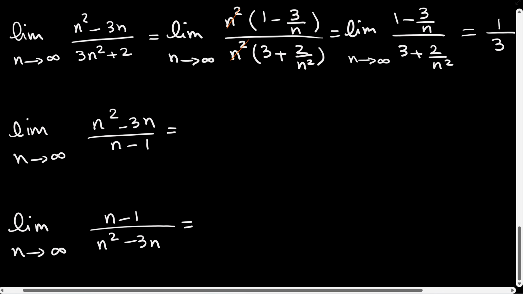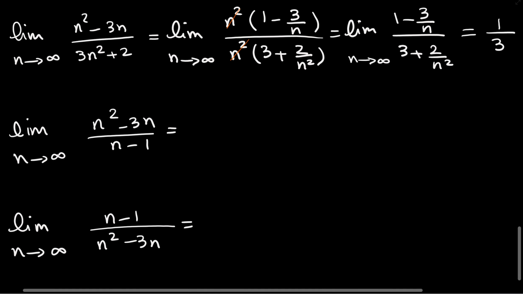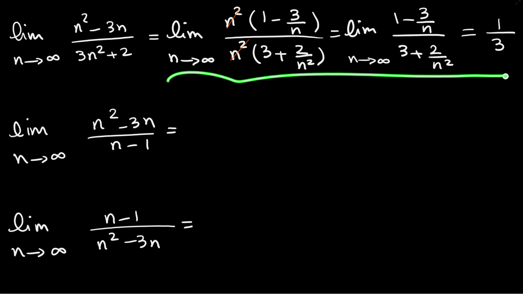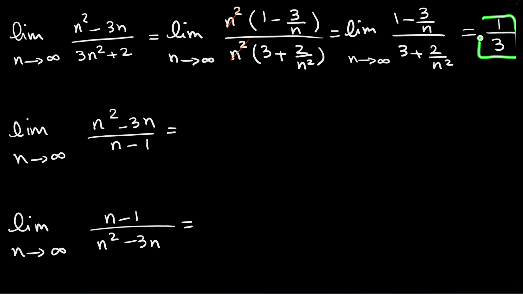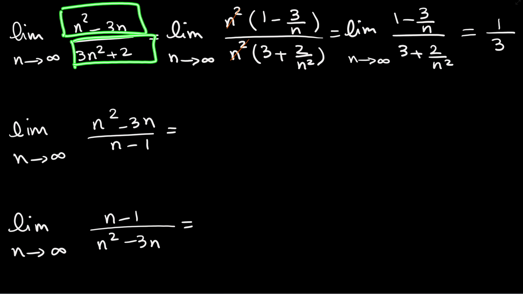But there is another way to answer the question. If you don't need to show your work and take all the steps, let's suppose that the question is multiple choice and you just need to say the answer is 1/3. If there is a polynomial in the numerator and a polynomial in the denominator, you look at the degree of the numerator. The degree of the numerator is 2.